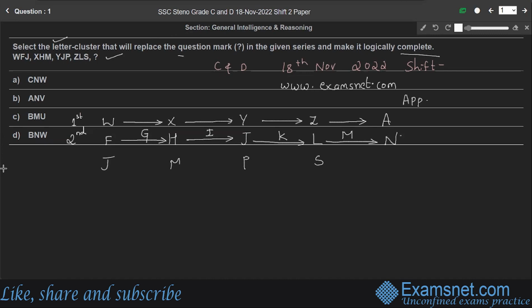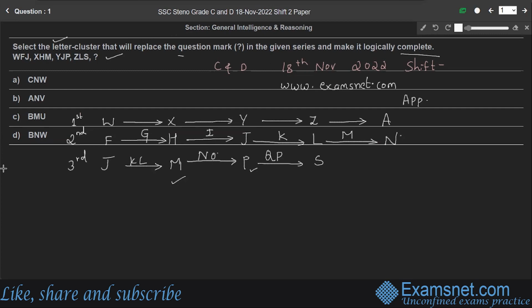A-N. Now we'll consider third letters. After J, we have K, L. Then we have M as the third letter in the second cluster. In the third cluster, we have P as the third letter. After the letter M, we have N, O, so there are 2 letters between 2 consecutive third letters.